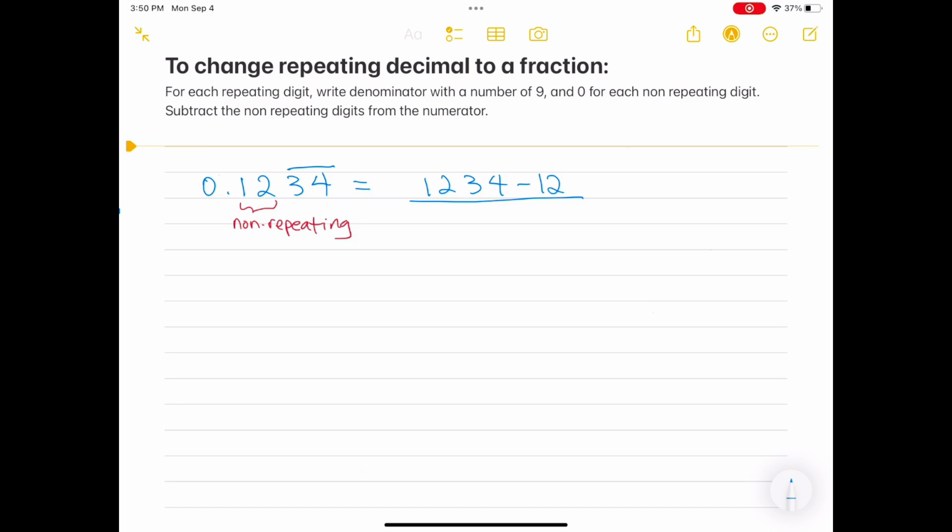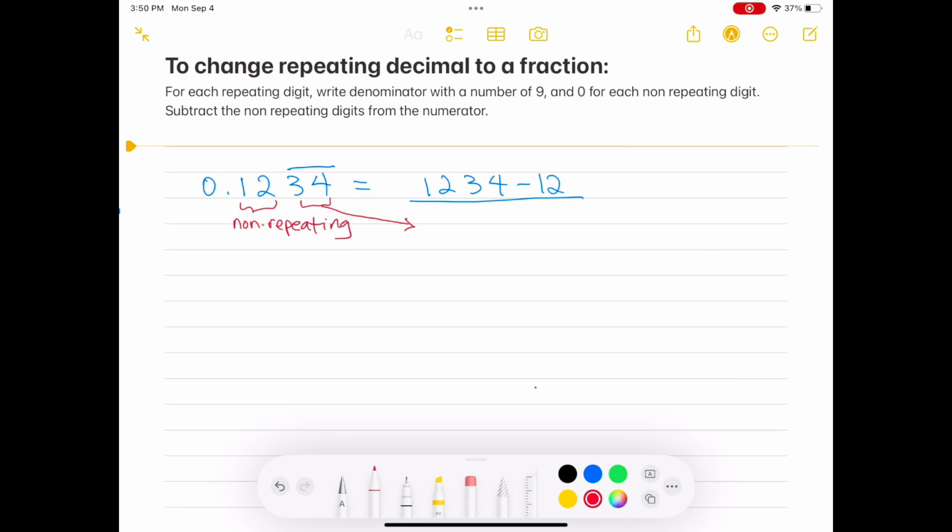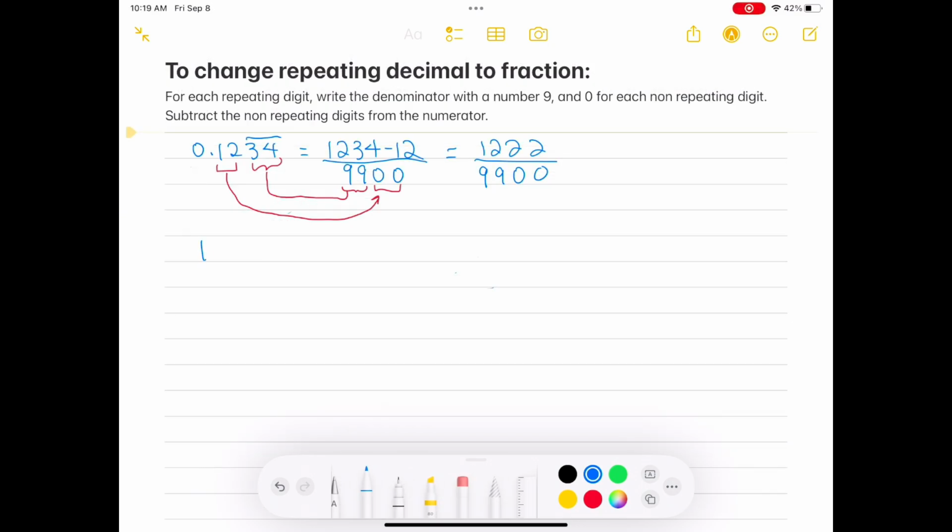And since we have 2 repeating digits, 3 and 4, we will have two 9's in the denominator, followed by 2 zeros for the 2 non-repeating digits, 1 and 2. So the denominator will be 9900. So the fraction starts as 1222 over 9900.